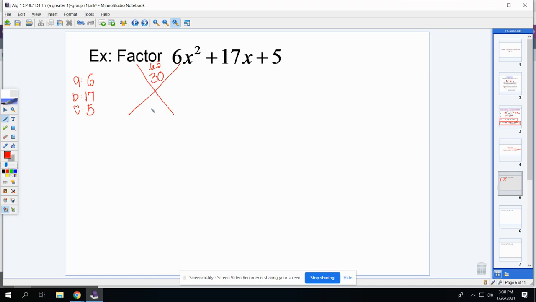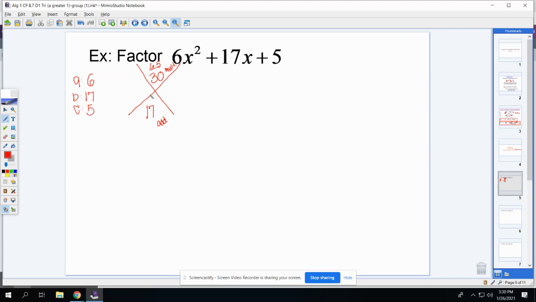Our bottom part is going to be our b, which is 17. All right, so we got 6 times 5 on the top, or 30 on the top, and 17 on the bottom. So remember, whenever we do this, we have to multiply to get the top number. We have to add to get the bottom number. So multiply to get the top number, add to get the bottom number.